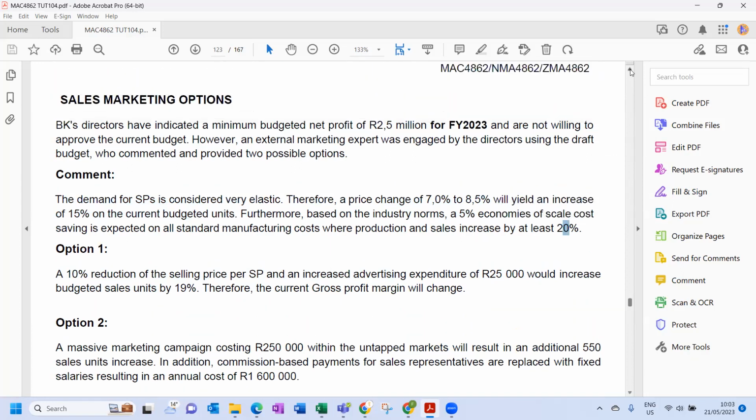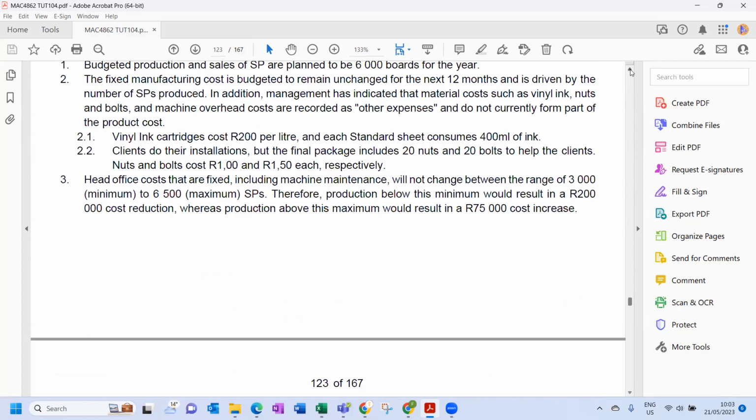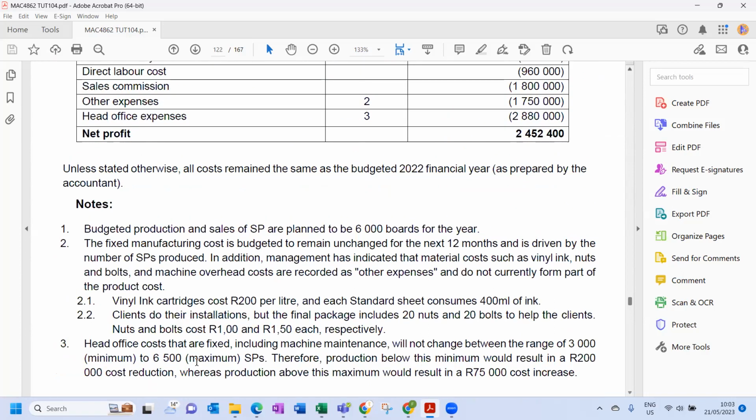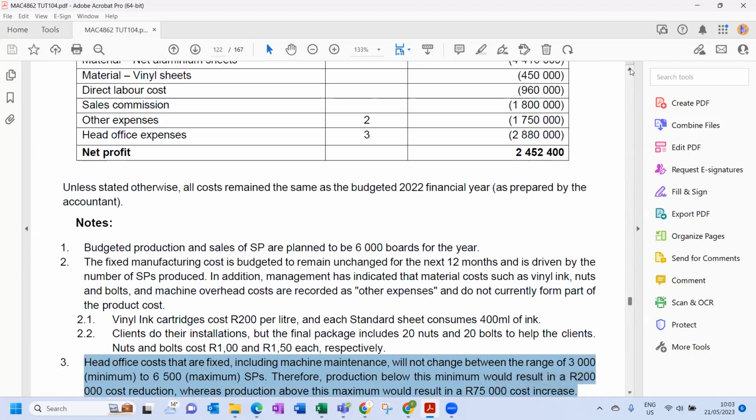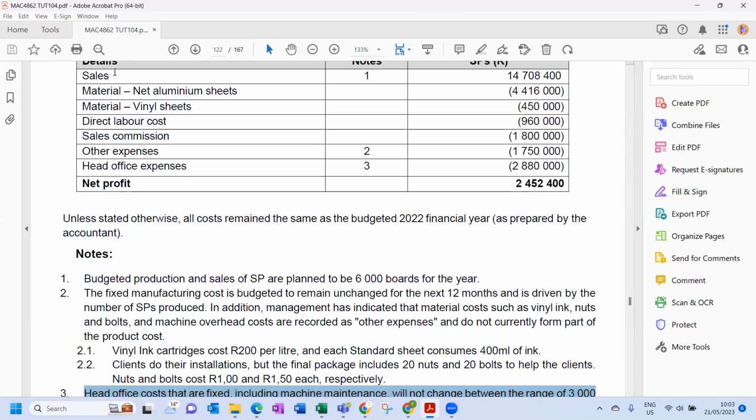We took into account the head office cost, which was above the range. Sales costs are included in production or manufacturing costs, and other expenses are also included in manufacturing costs. We dealt with head office costs, so the only thing we need to deal with is sales commission.